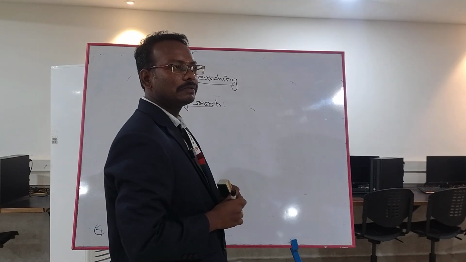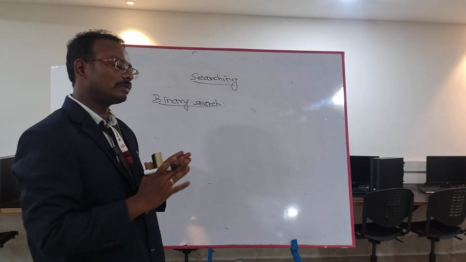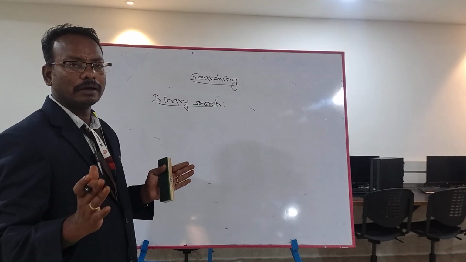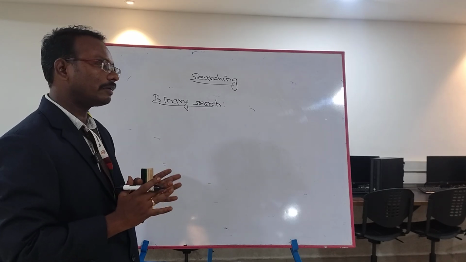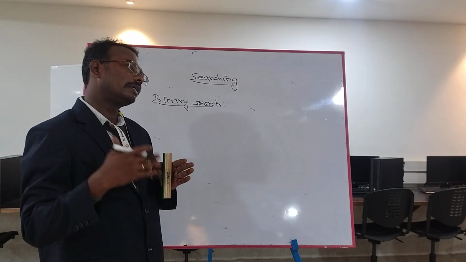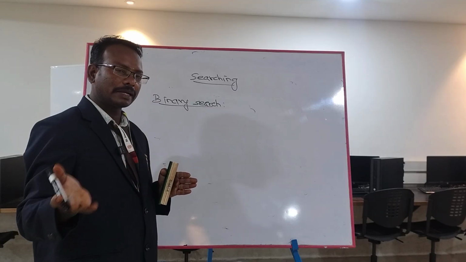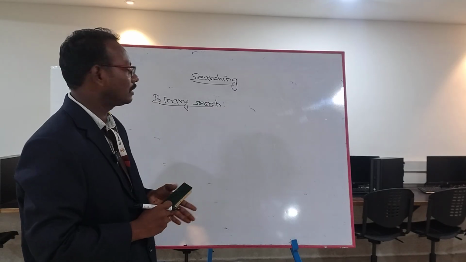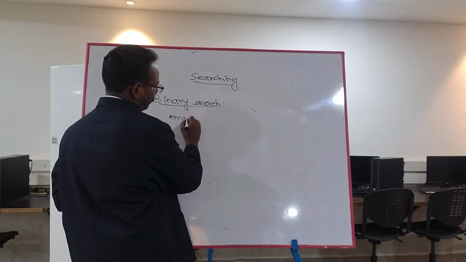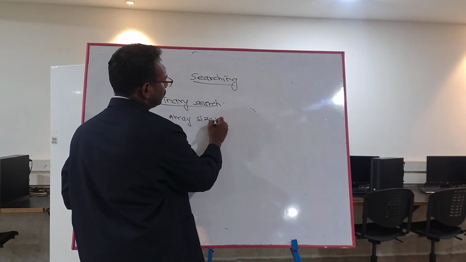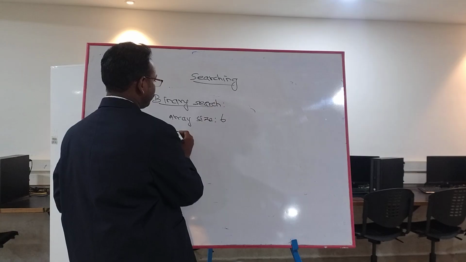In binary search, it splits the database into two parts based on the lower and higher levels, and finds the mid value. If the number is greater than the mid value, it should be in the second half, otherwise in the first half. For example, array size is 6.